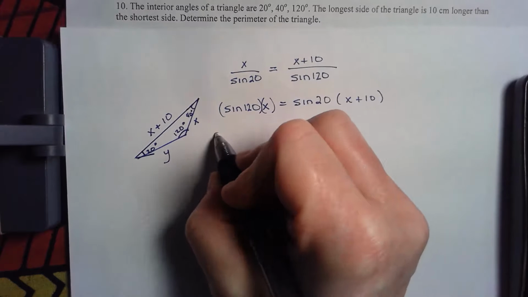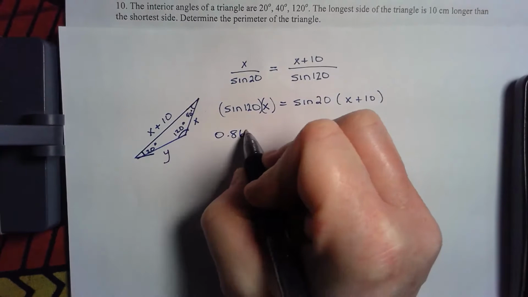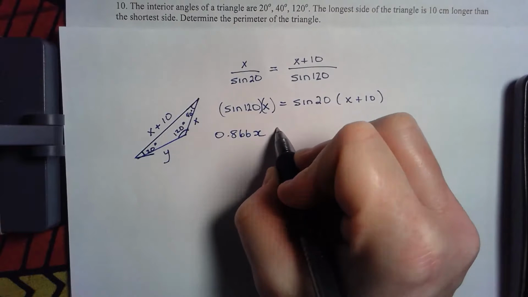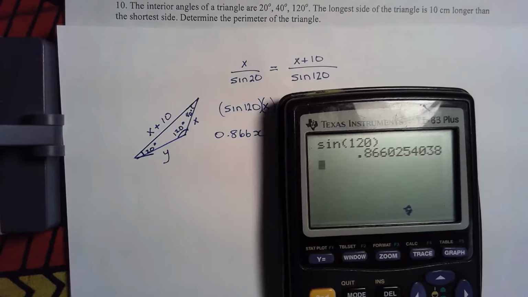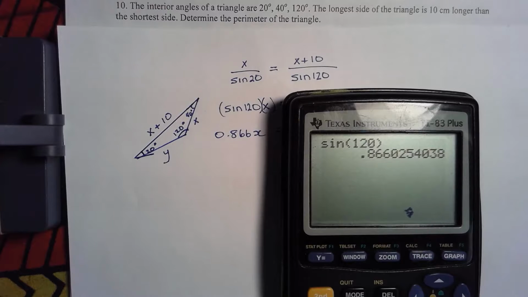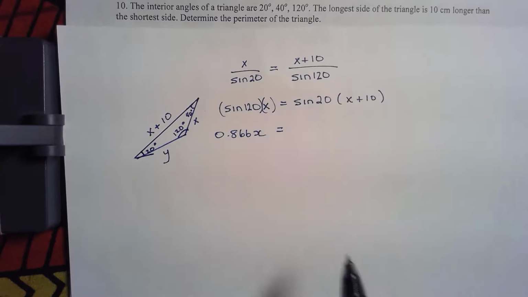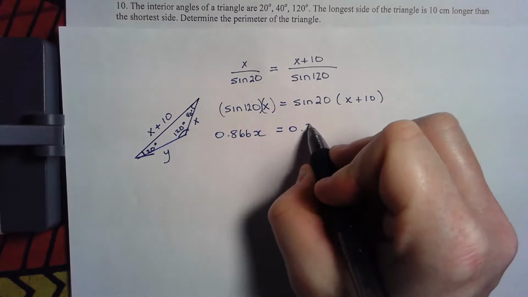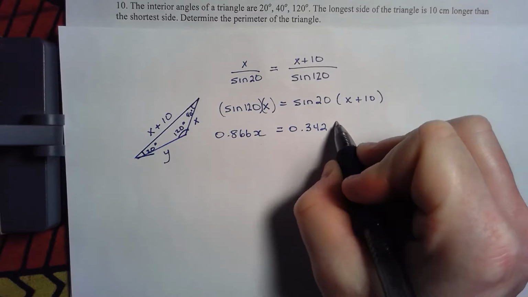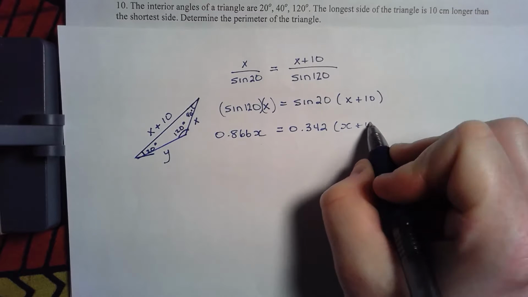So here I'm going to do 0.866x. And then on the other side, I'm going to figure out what the sine of 20 is. So I'm going to do the sine of 20, and that is 0.3420. So I can write 0.342. So this is going to be 0.342 times x plus 10.